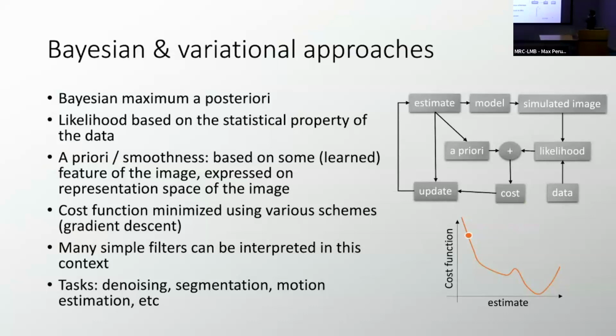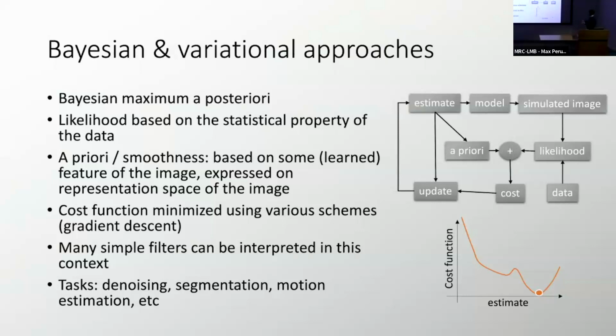So we have a data fitting term, the likelihood, here, and an a priori that we add to the cost function. We will compute gradients or an update, and we will minimize our cost function, providing a new estimate each time, using our forward model to simulate an image and get an idea of the updated likelihood, comparing the estimate and the data.